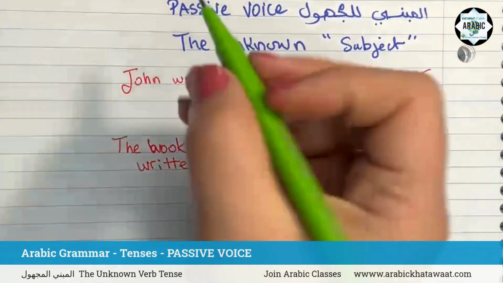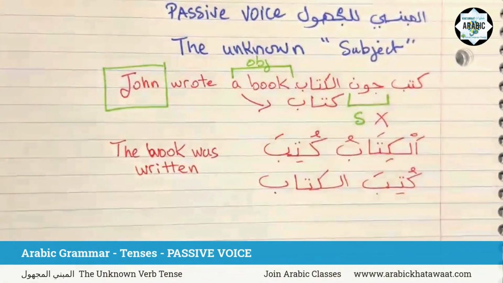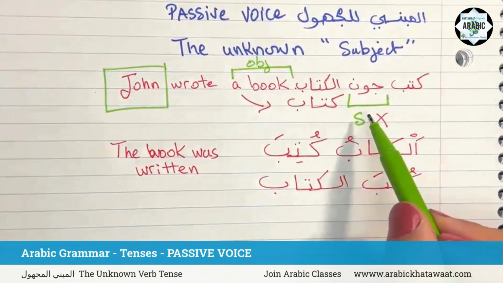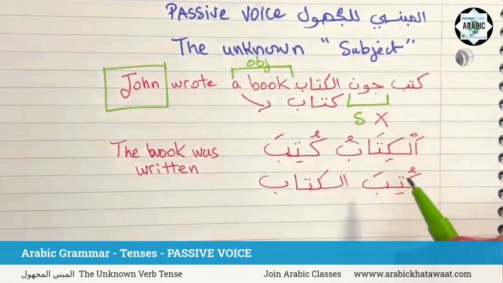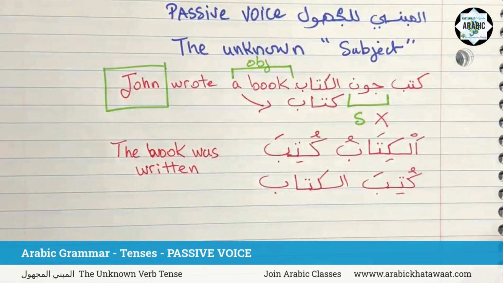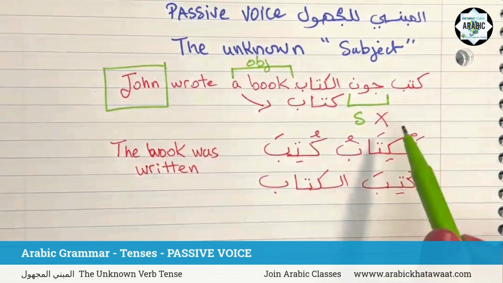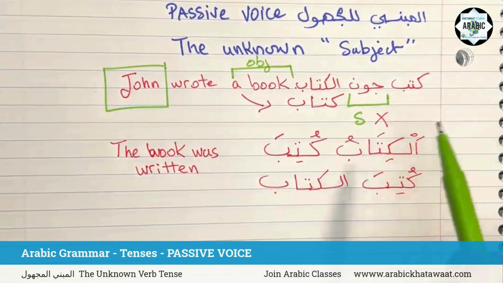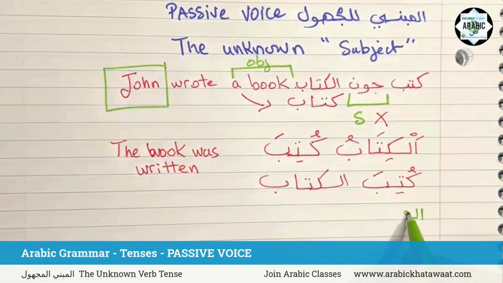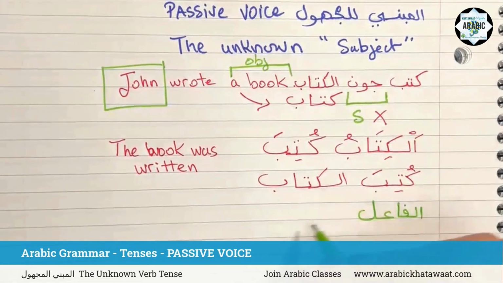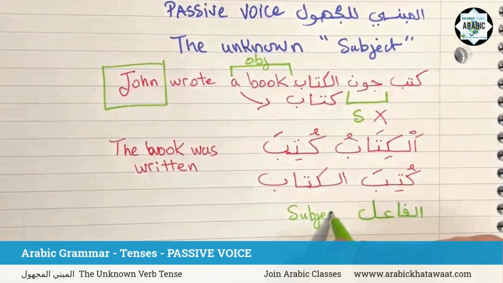So what happened to John? All right. When I say John in my sentence, or I say Ahmed, or I say Ali, I claim that I know the al-fa'il or the doer. So al-fa'il, technically in Arabic, would refer to the subject.